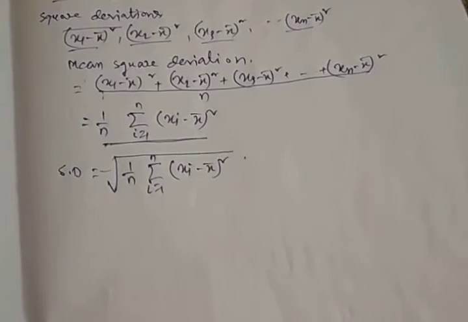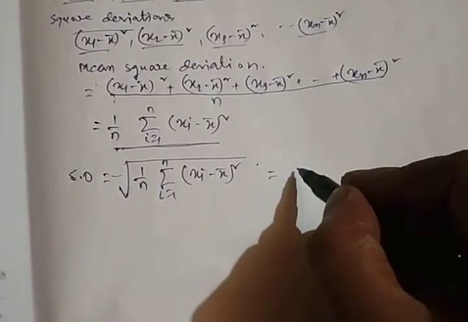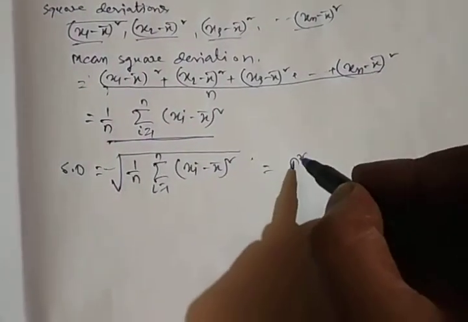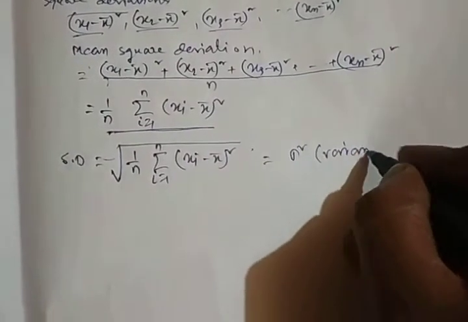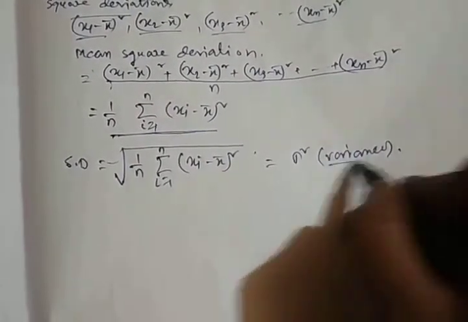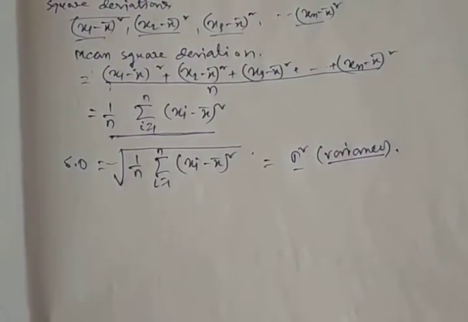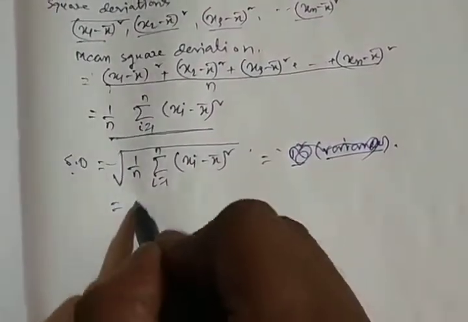Standard deviation is always calculated about the mean, and it is denoted by the symbol sigma.